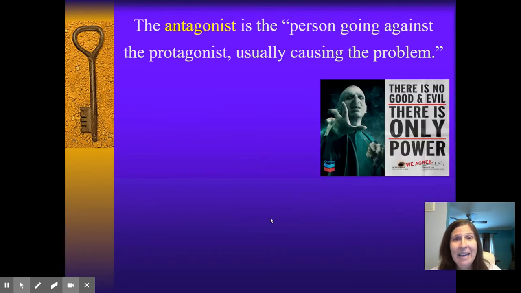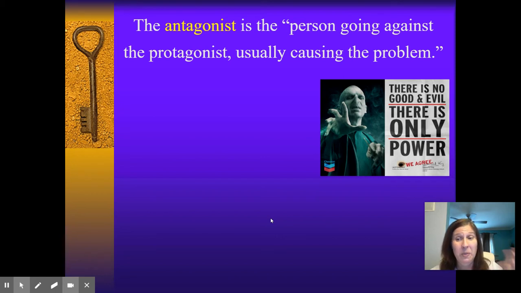The antagonist is the person who is going against the protagonist, who is pushing against the protagonist, usually causing the problem. Like in my example before, if our protagonist was a criminal escaping the police, his antagonist would be the police.